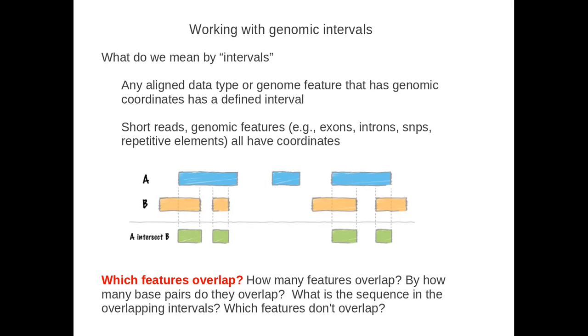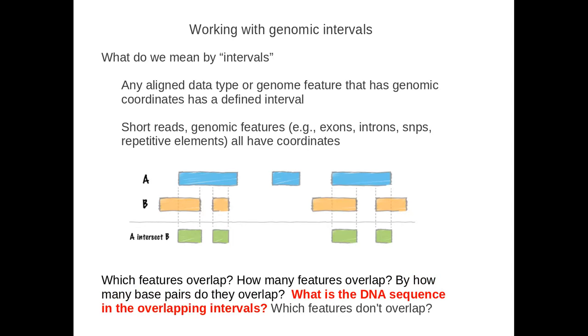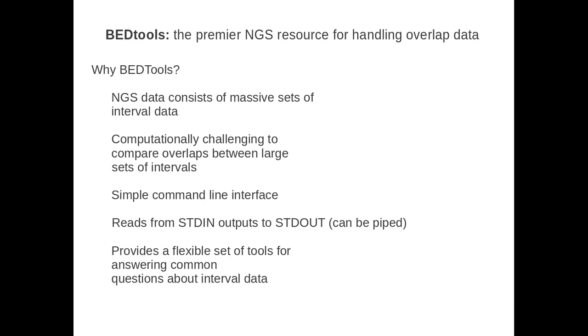We'll get to the software in a second. How many features overlap might be another question you might ask. Which features, how many features, by how many base pairs do the features overlap? What is the DNA sequence in the overlapping intervals, and which features don't overlap, among many other questions that we can pose about genomic intervals.